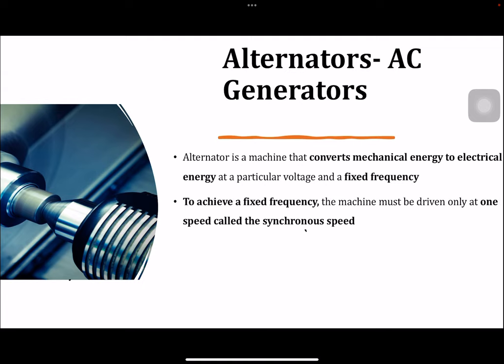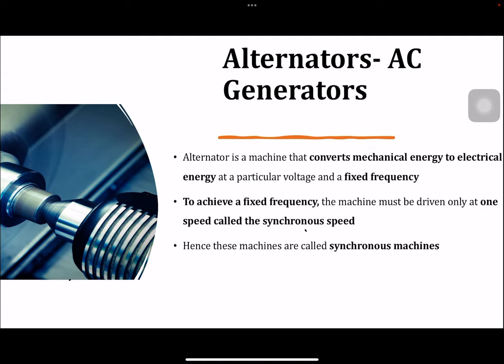That's the second point. To achieve a fixed frequency, the machine must be driven only at one speed called the synchronous speed.